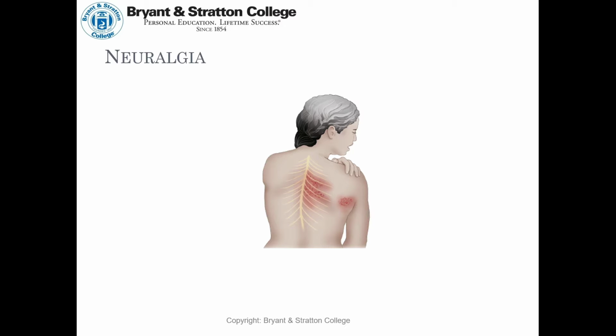Now, with shingles, once the vesicles have kind of crusted over and are no longer oozing anything, and the healing process has begun, you have what's called a post-herpetic neuralgia. It's typically presents as a very intense burning pain.